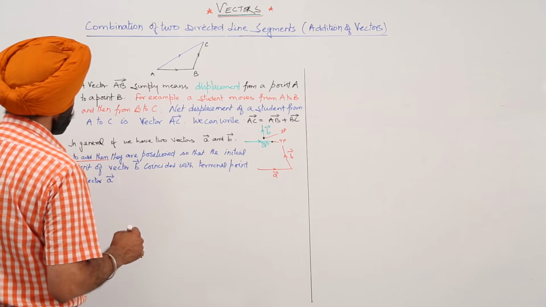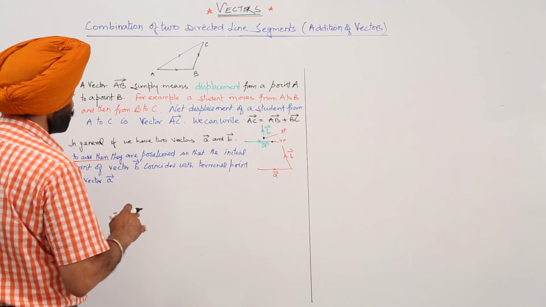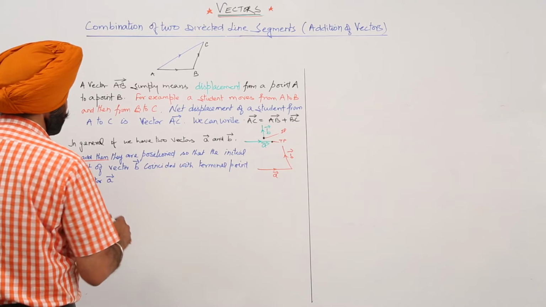They are positioned so that the initial point of vector B coincides with the terminal point of vector A.